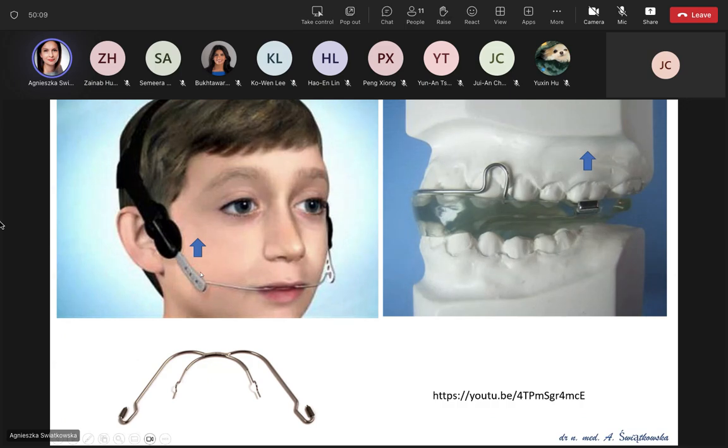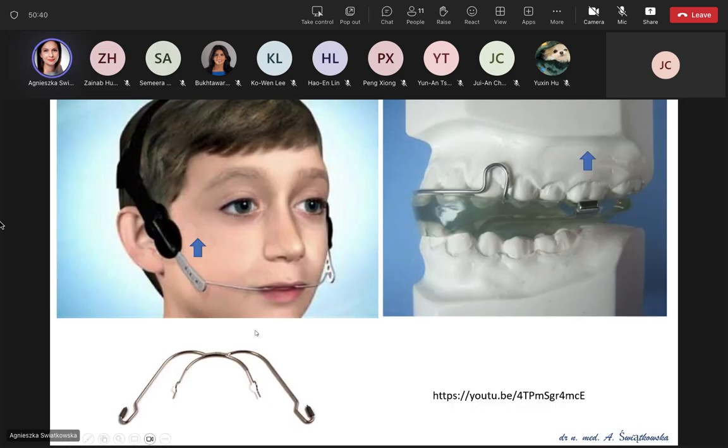It pulls molars backward and buccal tip up. It pushes it up. So we want to achieve intrusion of not only molars if we use this kind of appliance, but also all this part of the upper arch.